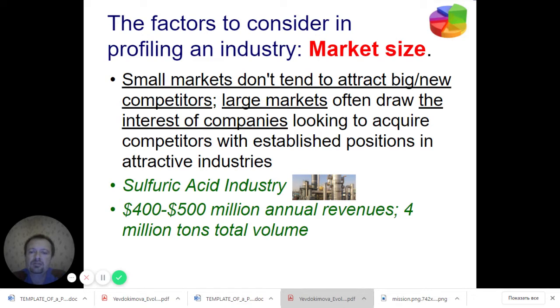Why did I decide to choose this very market as an example? Because sulfuric acid is the main raw material for, I think, any chemical production. Even any product from plastic needs this liquid, I mean sulfuric acid, as a raw material.